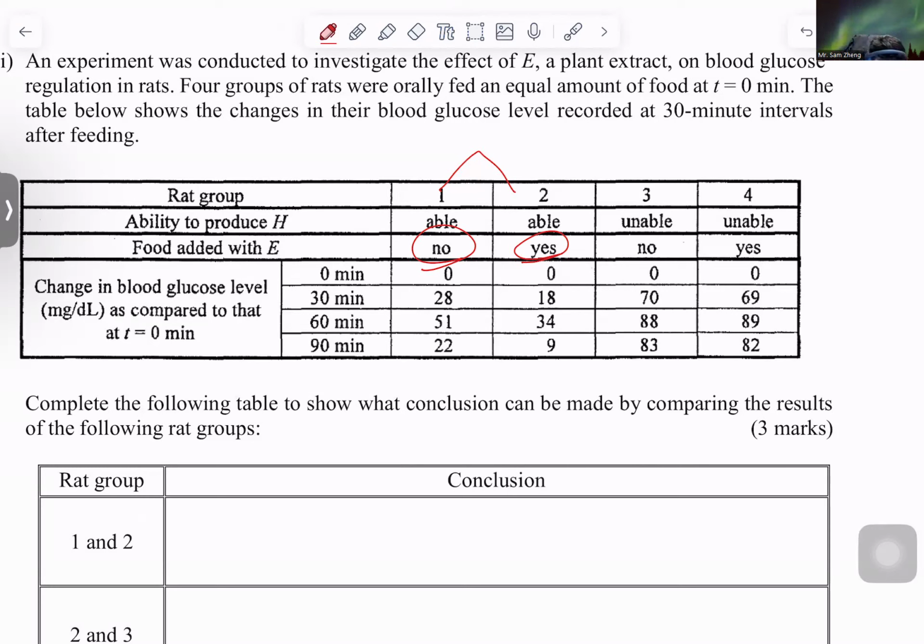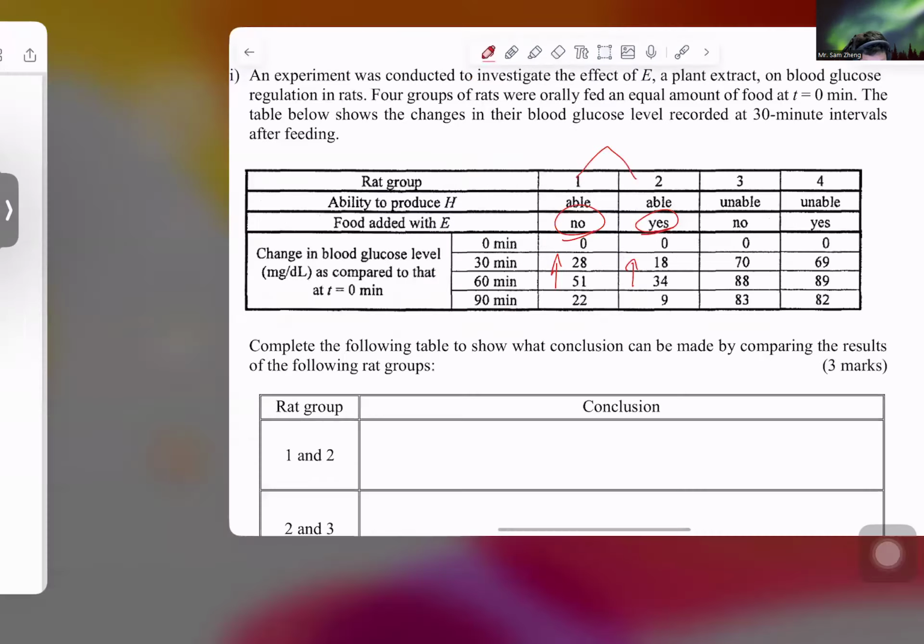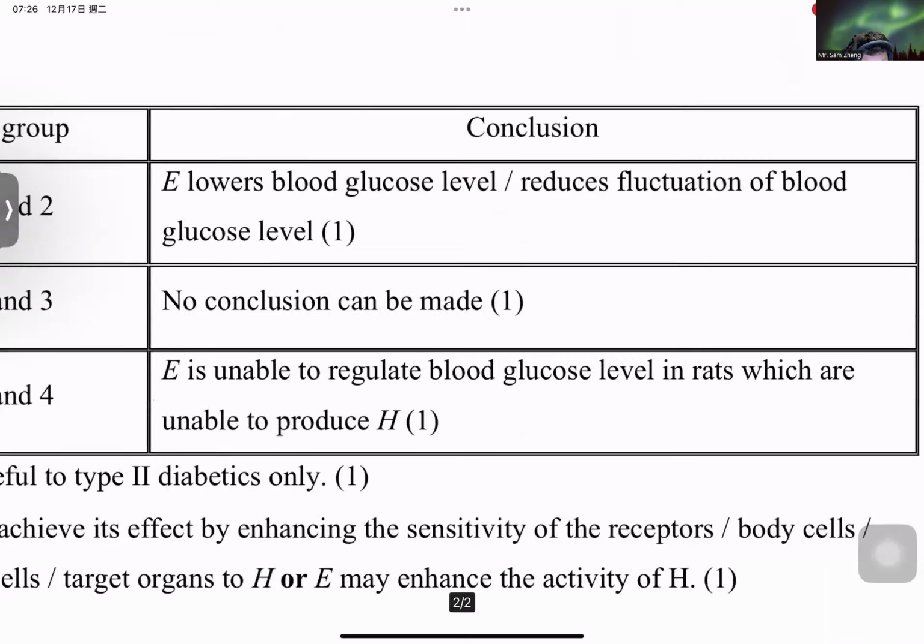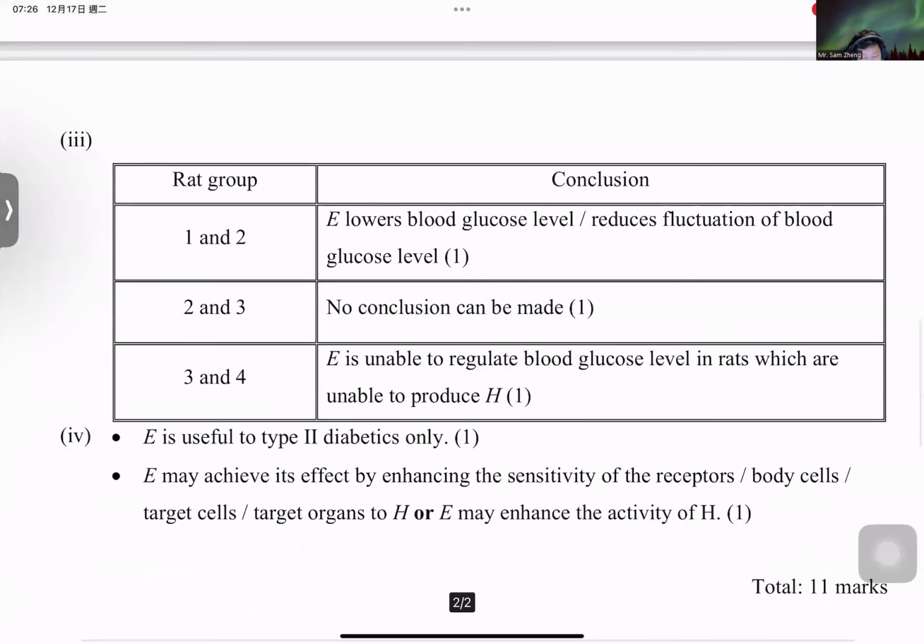So in this case, we can see the increase in the blood glucose level is a lot less, or there would be less fluctuation. Therefore, it is important for us to write down that E will lower the blood glucose level.